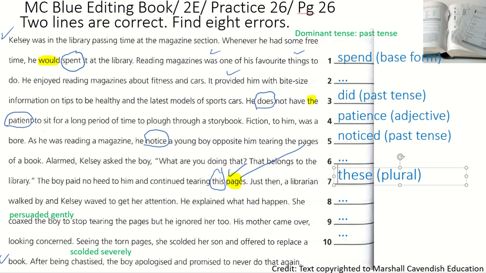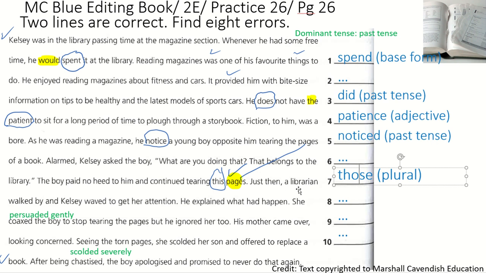Because if it's something that's near, it would be these. But in this case, it's not Kelsey who's carrying it, it is the boy. So it should be those pages. If I were to set the question, I would write this error as that pages instead of this, because the change is too great. So I think this is a bit of an error here.